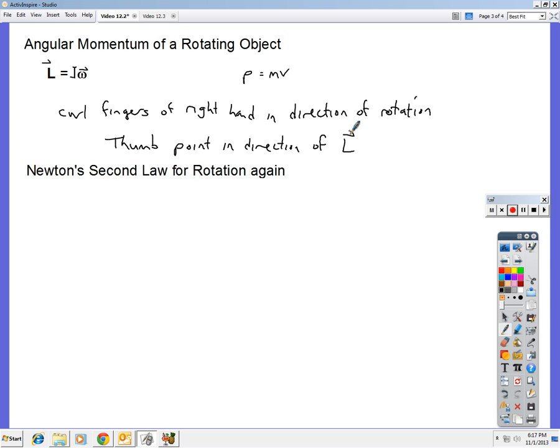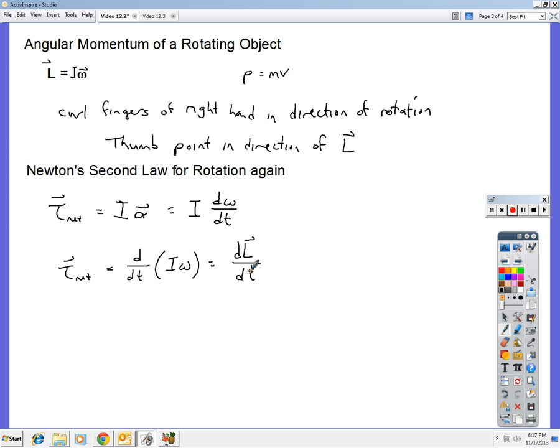And now, if you recall Newton's second law for rotation, what we said was the net torque equals I alpha, which is I times d omega dt. Now, if we say that I is not changing, which is reasonable, we can say that the net torque is therefore equal to the derivative of I omega, which is the rate of change of the angular momentum.